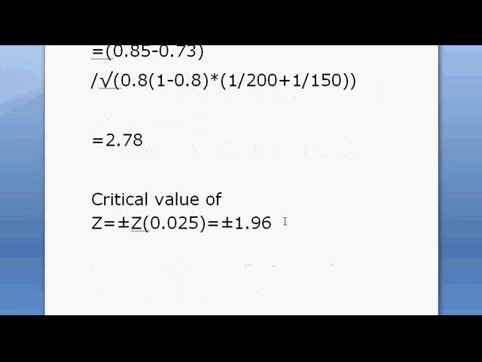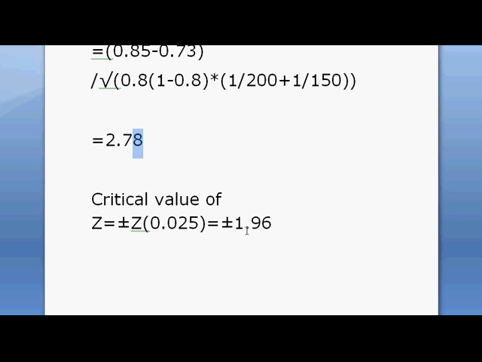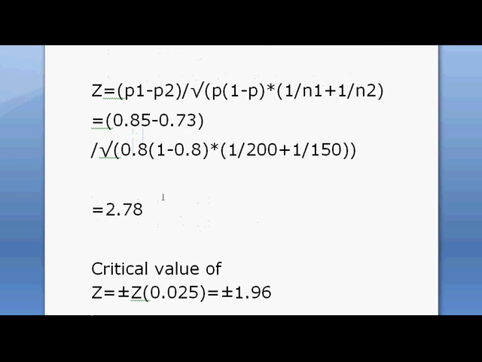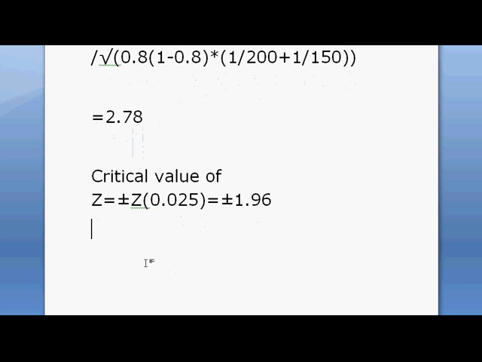So now compare this value with this value. The absolute value of the test statistic is 2.78 and the critical value is 1.96. So the absolute value of z calculated is greater than the absolute value of z critical.